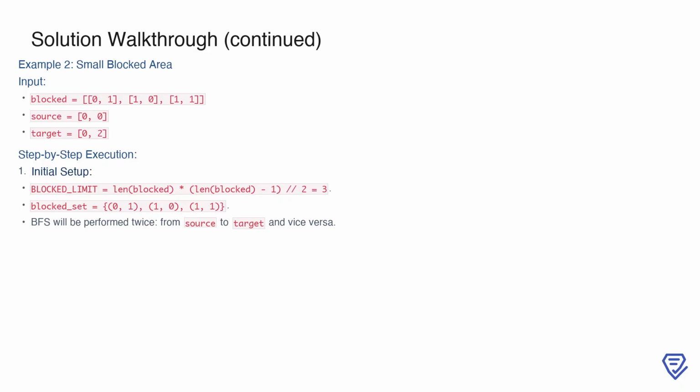The blocked cells are stored in a set for quick access during traversal. Since both the source and the target are in close proximity and there are blockages, we need to perform two breadth-first search (BFS) operations, one starting from the source and another from the target. This two-sided BFS approach helps confirm if there is a viable path between the 2 points.